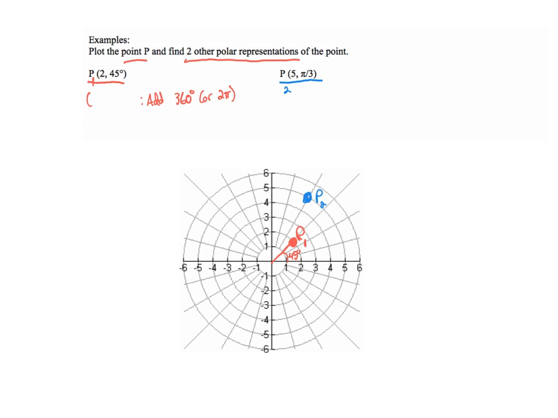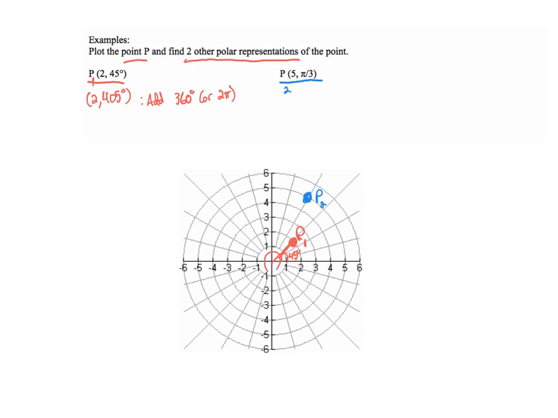In this case, that alternate representation would be (2, 405°). Because if you go around 405 degrees from the start and go out 2, you end up at the same spot. So there's 360 and then another 45, and then out 2 I would get to P1 again. So that's an alternate representation.